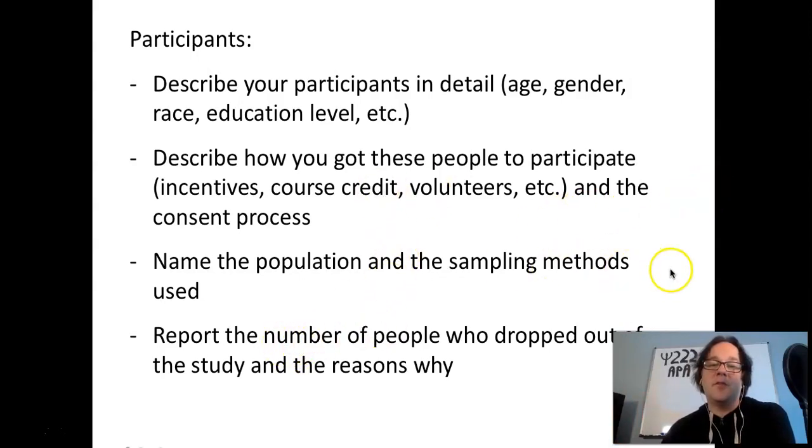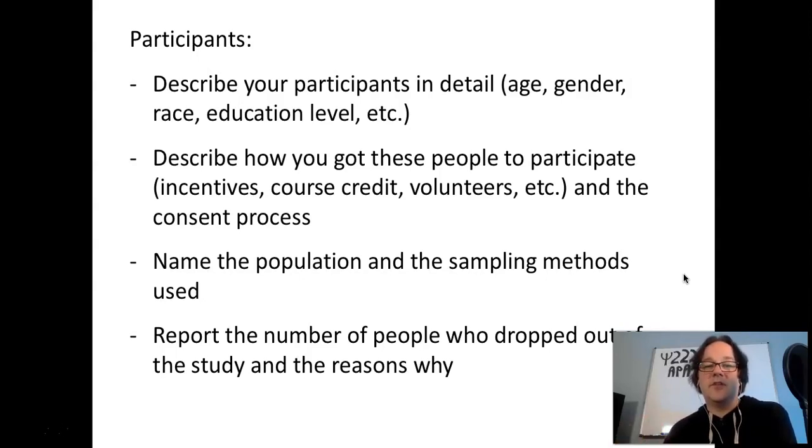Also, we have to report the number of people who dropped out of the study and for what reasons, right? If you're doing a study on, say, an experimental drug for stage 4 cancer, people will most likely die, especially those in the placebo group, but maybe in the treatment group as well, if your treatment isn't having any effect.